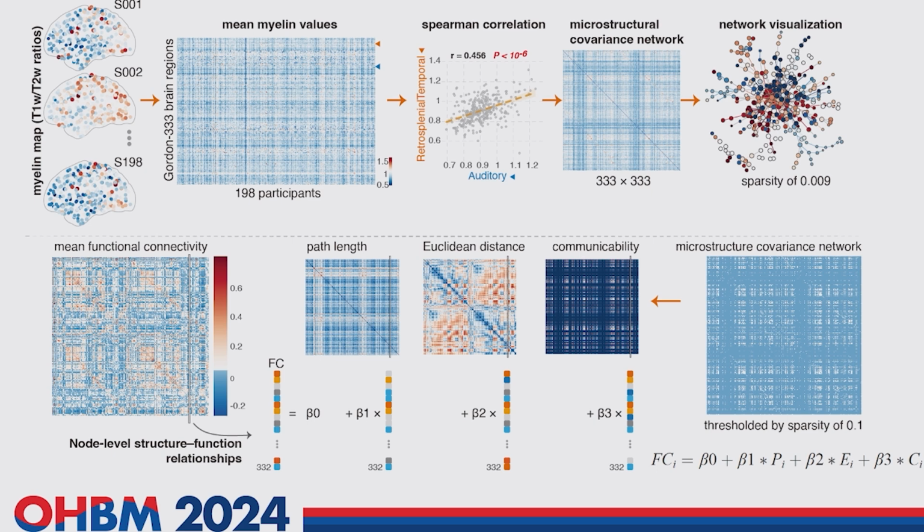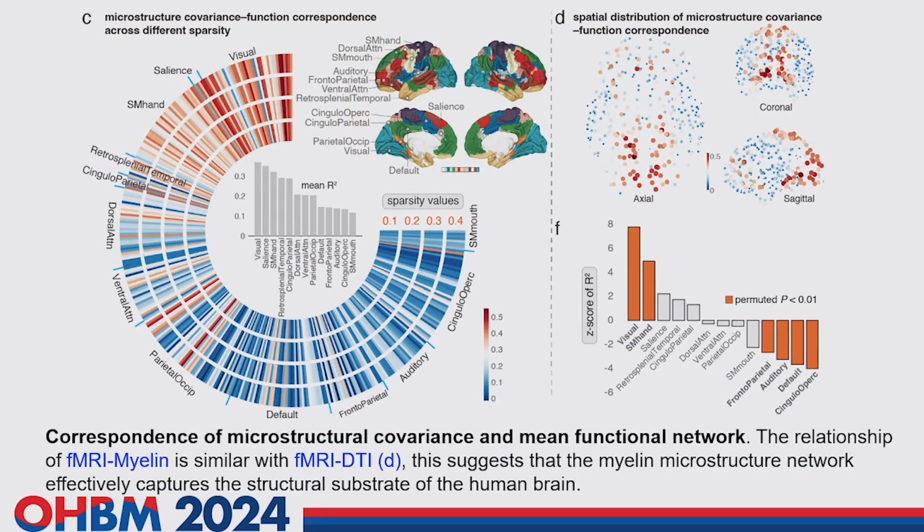That is to say, we term R square as the correspondence between the node's structure and function. The results are very reliable across different threshold values, and the pattern is similar to fMRI-DTI. Like panel D shows, in the unimodal regions the correspondence is higher, and in the transmodal regions it is lower.